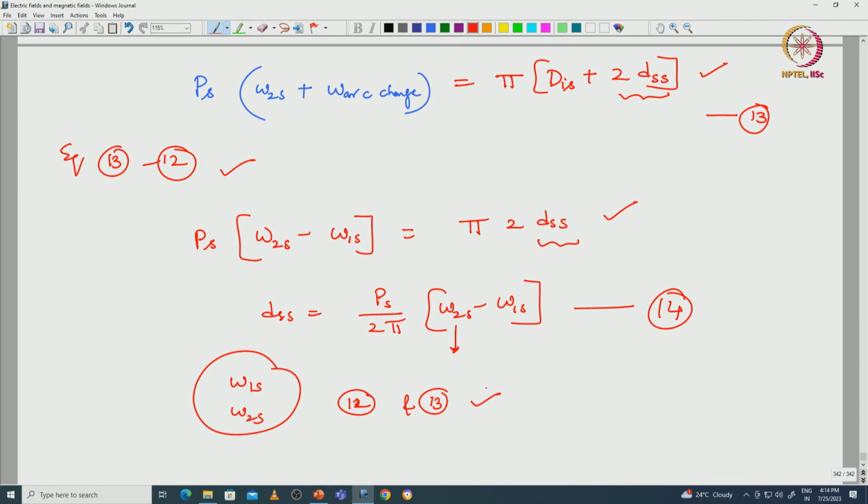Then in general the slot height will be in the range of 1 to 1.4 times the height of the coil. So, if we know the height of the coil is H coil, then the pole height should be in the range 1 to 1.4 times the height of the coil.